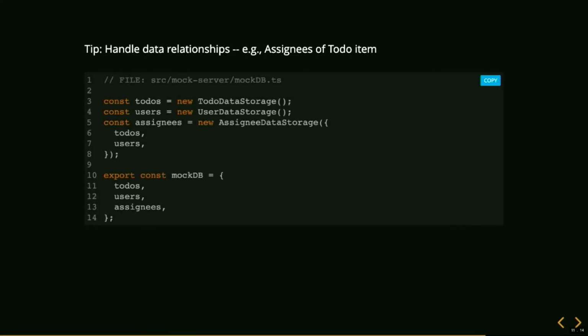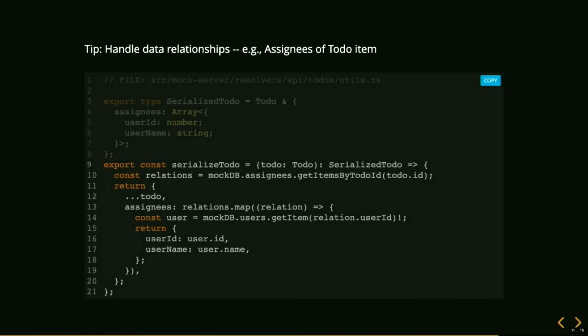After that, when setting up the mockdb, we could initialize and hold all 3 data storages on mockdb. To make our life easier when serializing the response payload for each to-do item, we could create a helper function to unify the serialization process and embed the information of the assignees. Then we could easily reuse it in our response resolver.